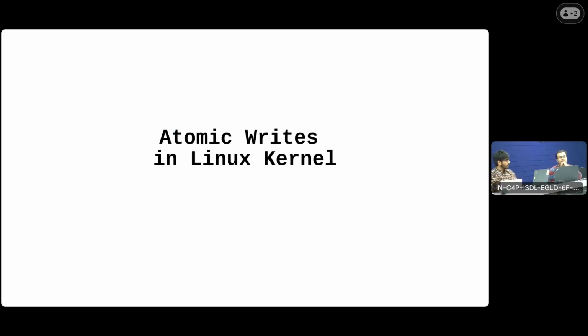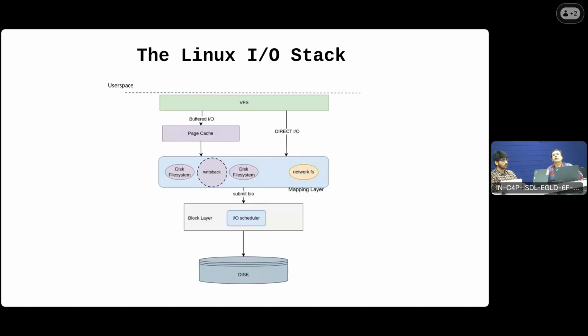Sure, thanks, Ojaswin. So let's discuss the construct of atomic writes in the Linux kernel. Basically, Linux today does not have support for atomic writes, and we will go over this slide first to cover how the IO stack looks. This diagram shows various layers of the IO stack from user space to the disk.